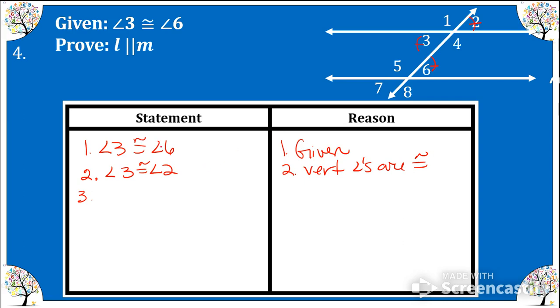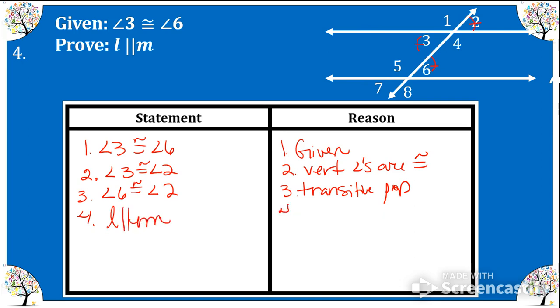If 3 is congruent to 6 and 3 is congruent to 2, then we can say angle 6 is congruent to angle 2 because of the transitive property. So if 6 and 2 are congruent, they are corresponding angles. And if we have corresponding angles congruent, then we know that line L is parallel to line M.